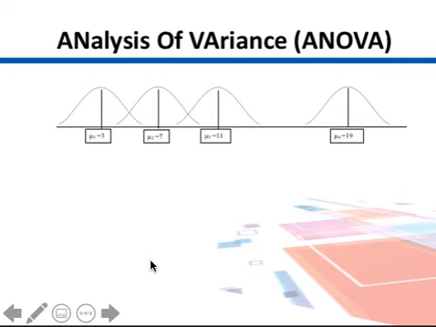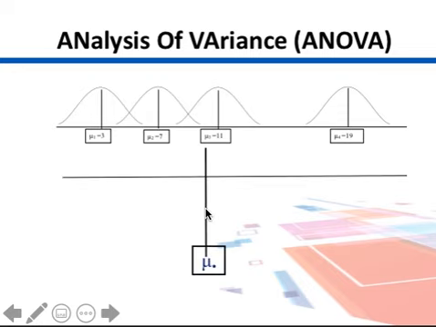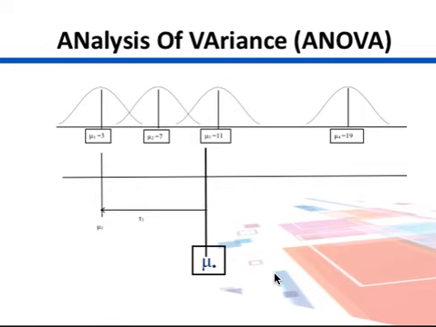Here we see, for example, 4 means, and supposedly these means look similar, while this one seems different, and we get the grand mean like this. Then we can calculate the deviations of these individual means from the grand mean. For example, mu1 is here, and that is the effect of treatment one. We assume that this difference between mu1 and the grand mean is because of the treatment effect.